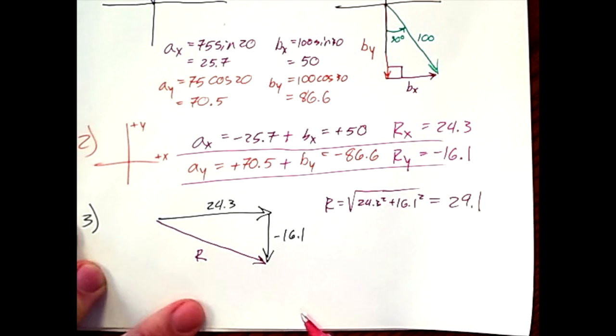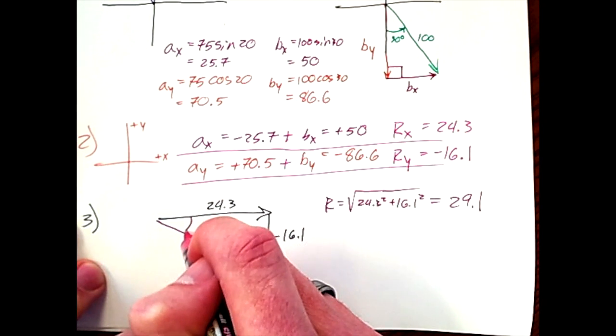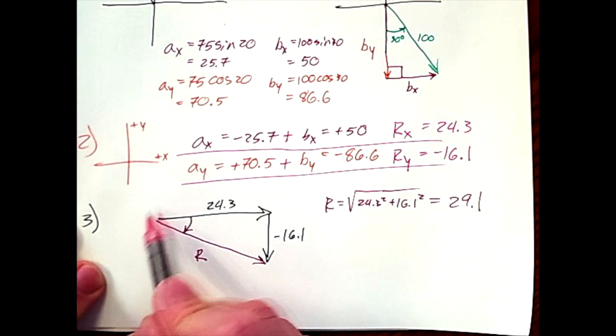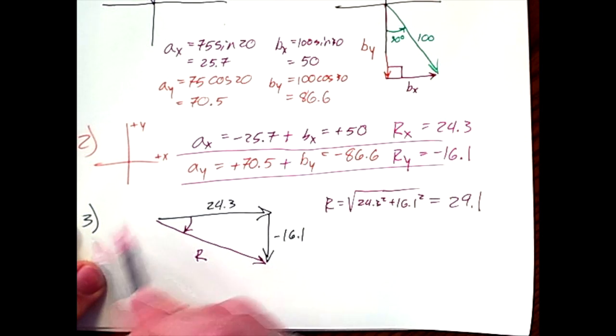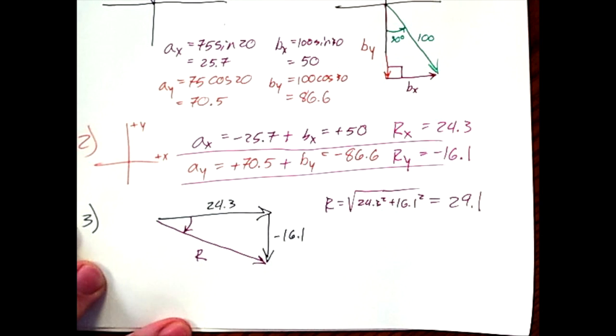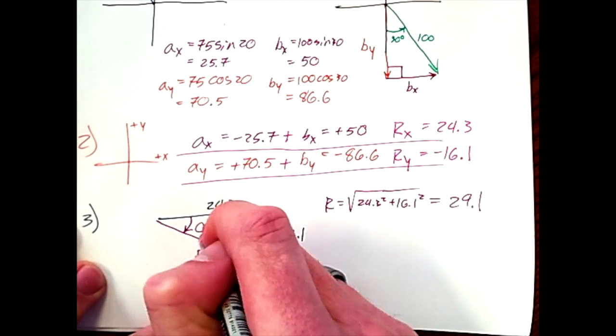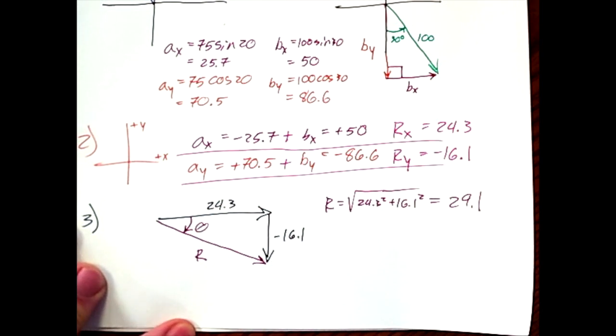So the first thing I tend to do is identify an angle that matches up to the axis as opposed to one away from the axis, right? So down here at the tail of R so that I can reference that compass rose picture that I started with at the top. So if I call this theta, I can solve for theta using the trig functions.